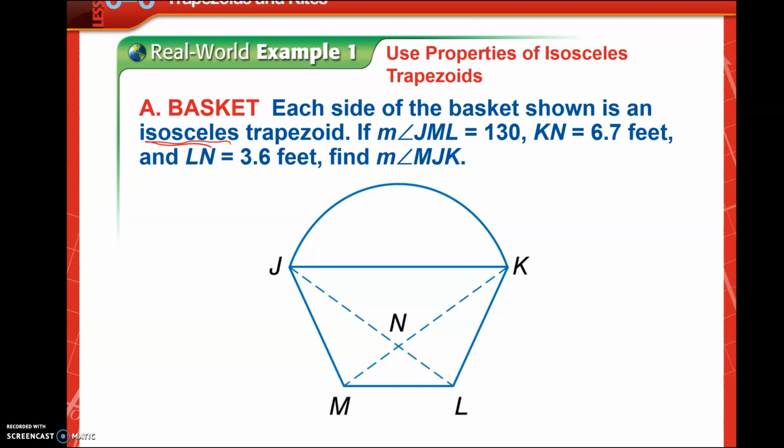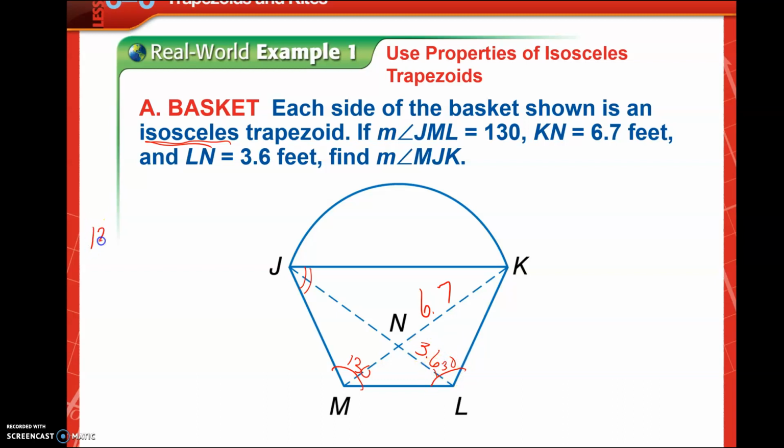They're telling us JML, this angle here, is 130, and KN is 6.7, and LN is 3.6, and we're trying to find angle MJK. So I know this angle is 130.